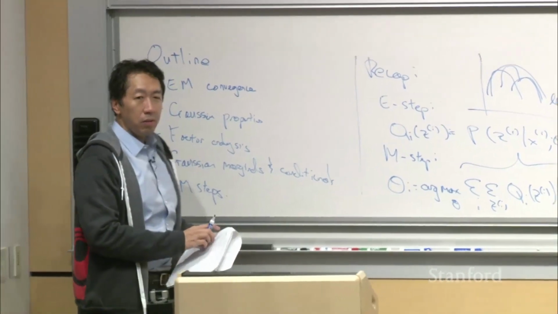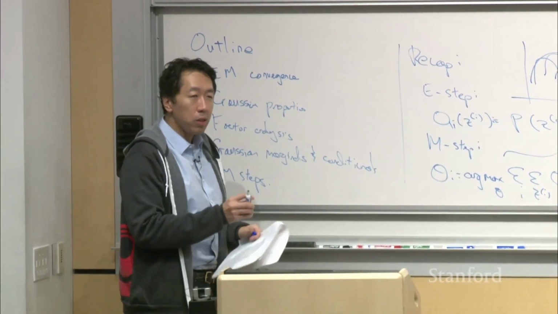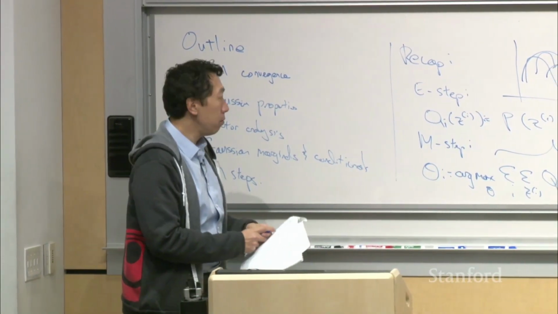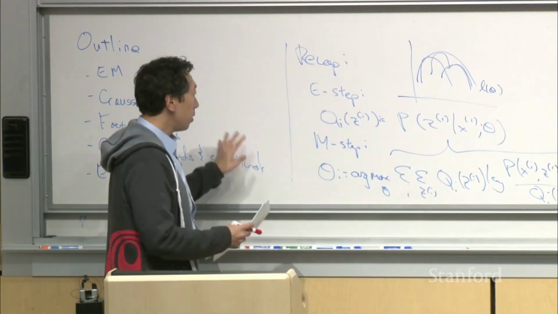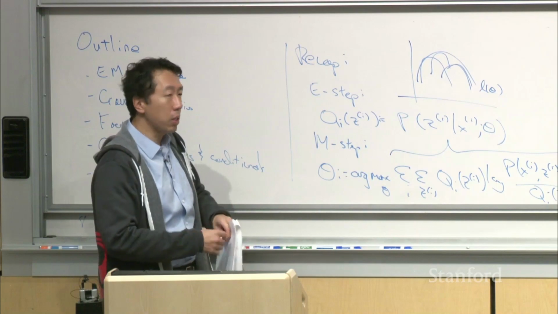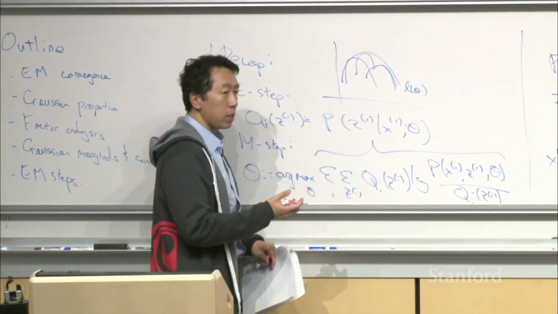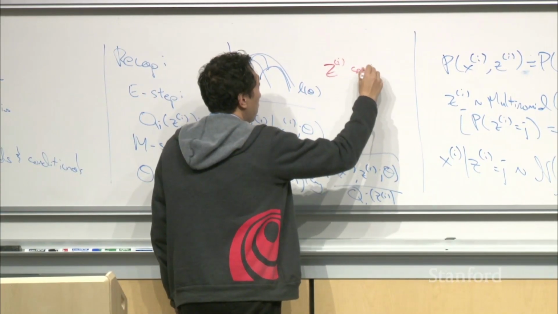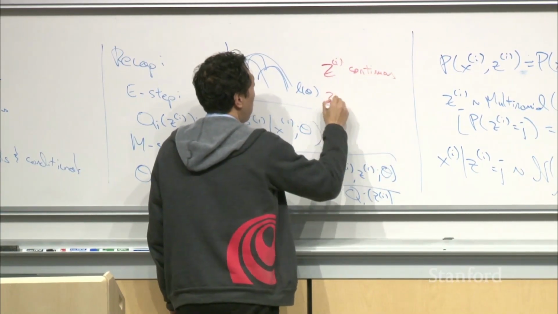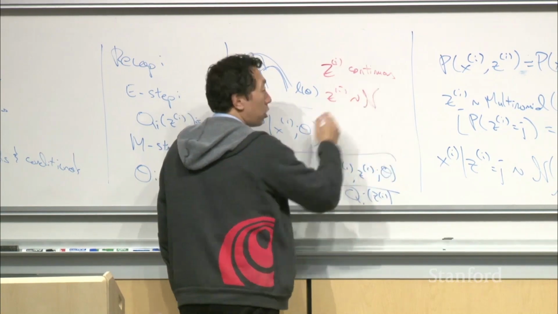In order to foreshadow a little bit what we'll see when it comes down to the mixture of Gaussians model, the factor analysis model, which is what we'll spend most of the day talking about: in the factor analysis model, instead of zi being discrete, zi will be continuous, and in particular, zi will be distributed Gaussian.